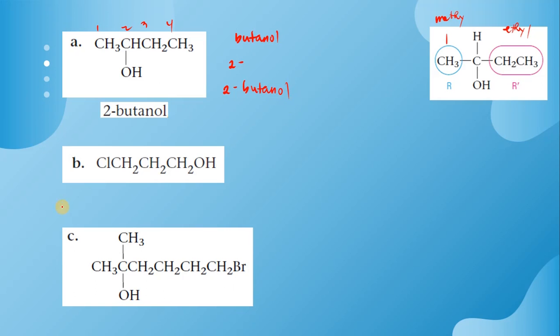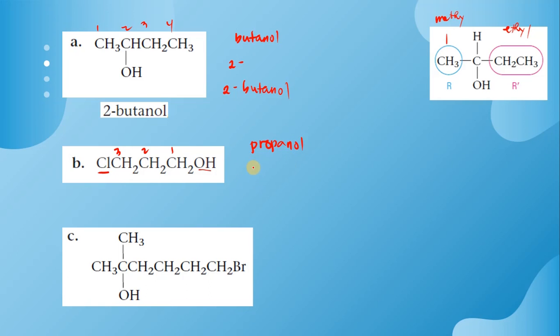Right. Next. This is a chain, but this time we have a special guest. This is chlorine. So let's name our parent chain first. Where should we start? From here or here? So OH is found here, so let's get closer to OH. So this is our 1, and this 2 and 3. So this is propane, so we can have propanol.